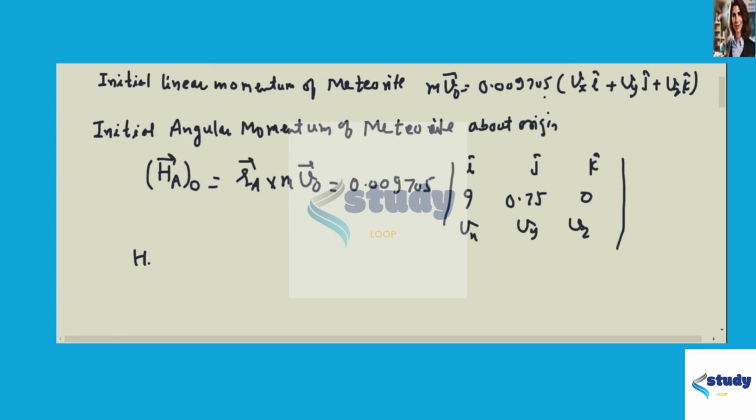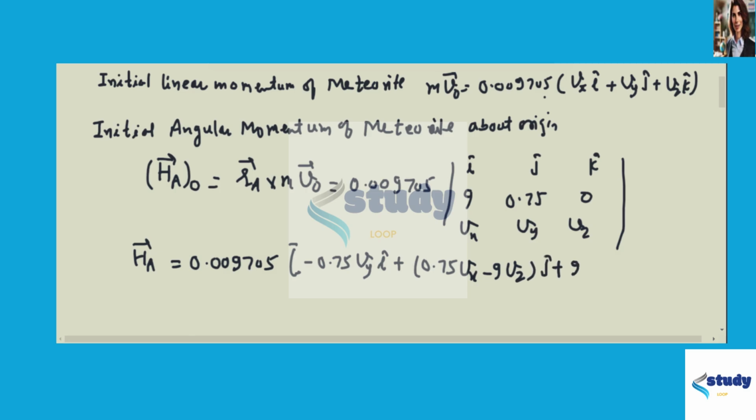On solving it, this value you will get: 0.009705 into minus 0.75 Vy i cap plus 0.75 Vx minus 9 Vz j cap plus 9 Vy k cap. Say this is equation number 2.